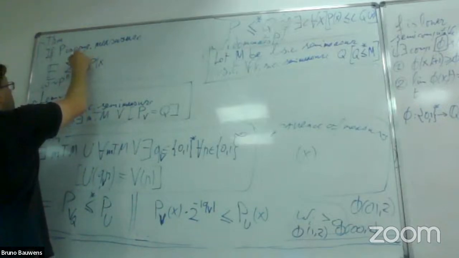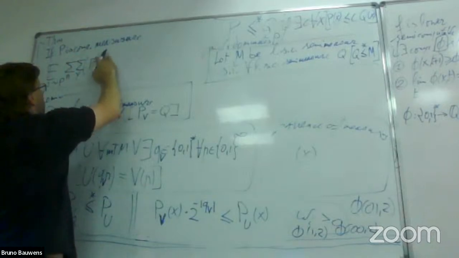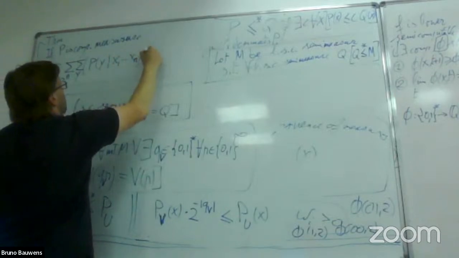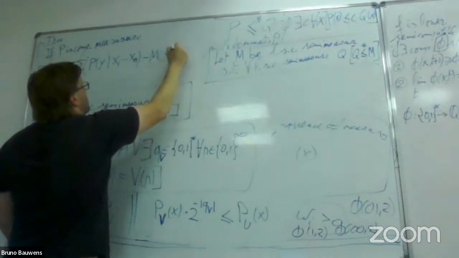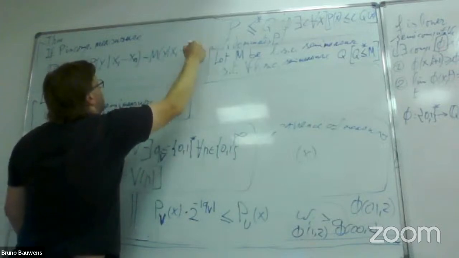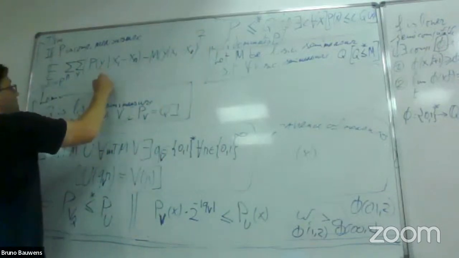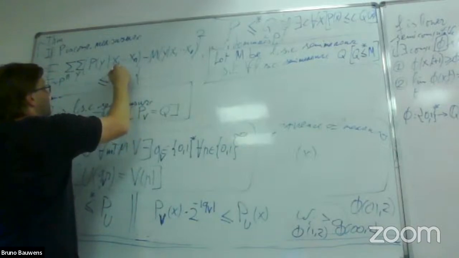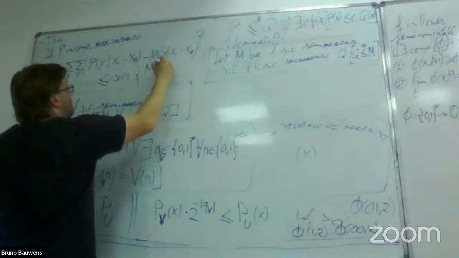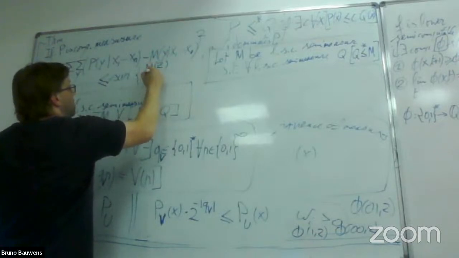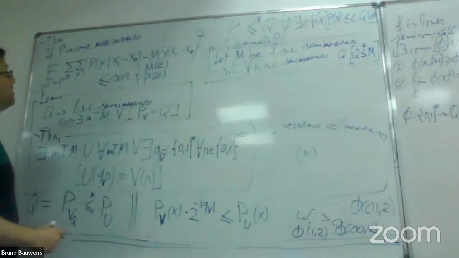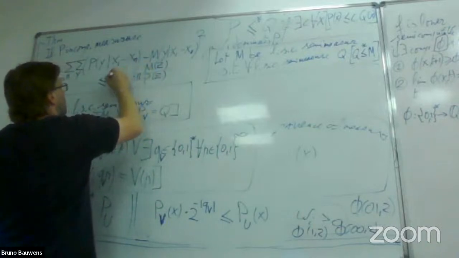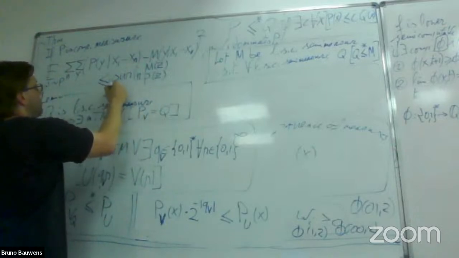So the sum over n, sum over y, of P(y given x1 till xn) minus M(y given x1 till xn), squared, is smaller than the supremum of the natural logarithm of M(z), where z goes over all strings.